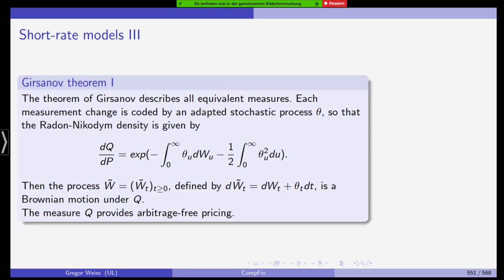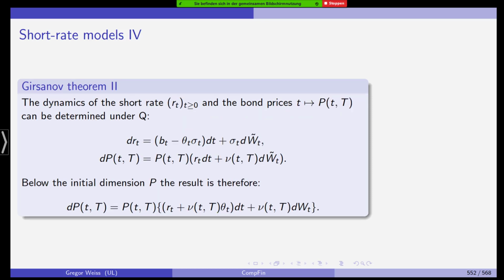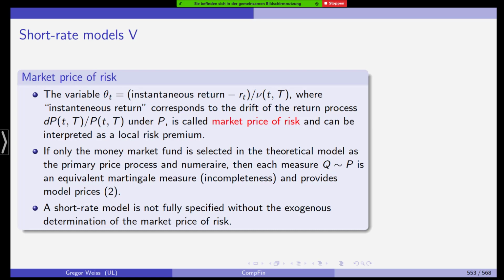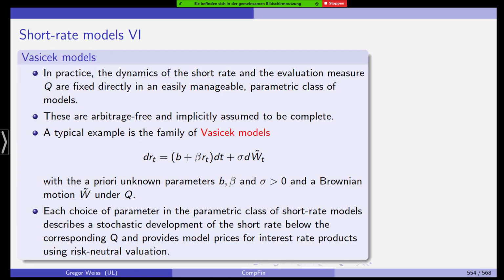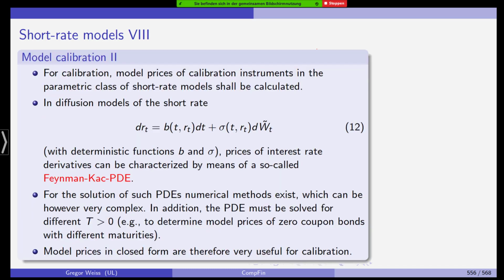You can then have a look at the remaining slides. We take a look at the Girsanov theorem, the market price of risk, the Vasicek model. The Vasicek model is one example. Again, it uses a special type of diffusion process to model the short rates, the short interest rates. But this is only one type.